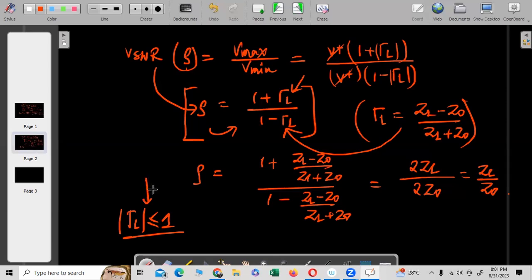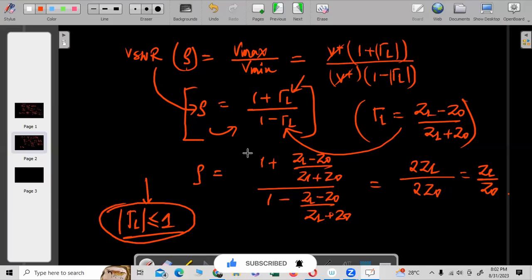This we have discussed in the last class. It should be within 0 and 1. It should come between 0 to 1, you can see from here also.